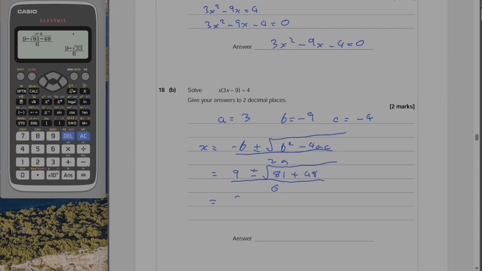So my first value then is going to be minus 0.39, 2 decimal places, and then I'll replay, change that for a plus.